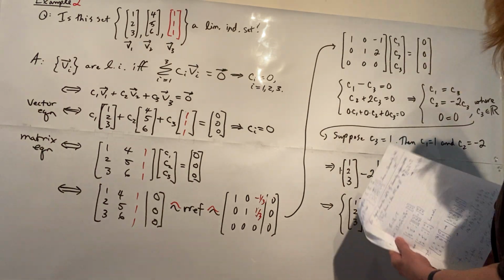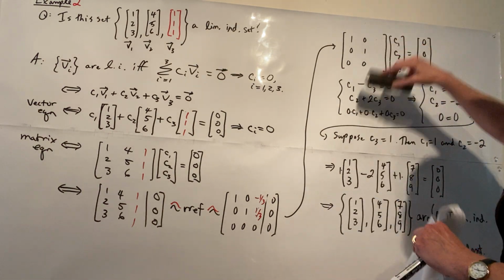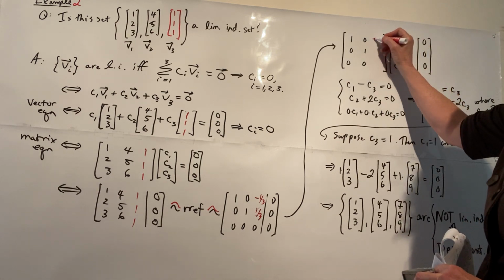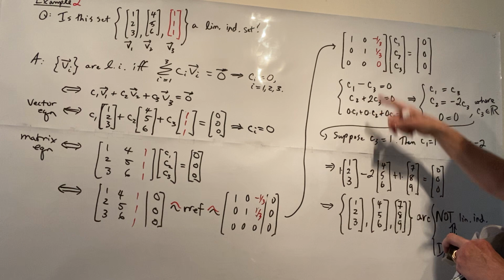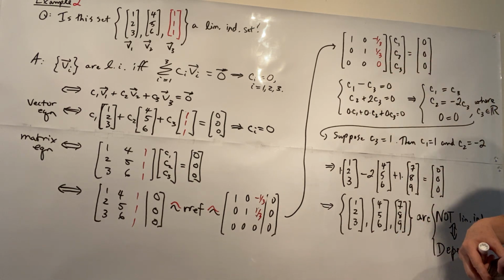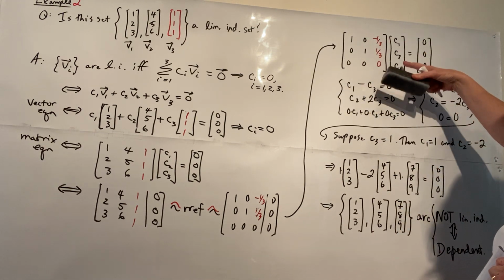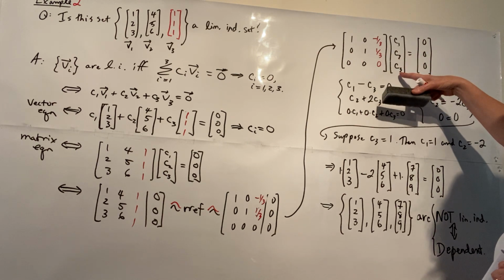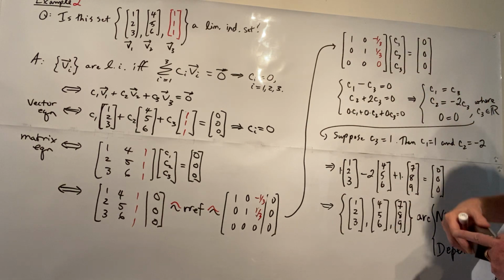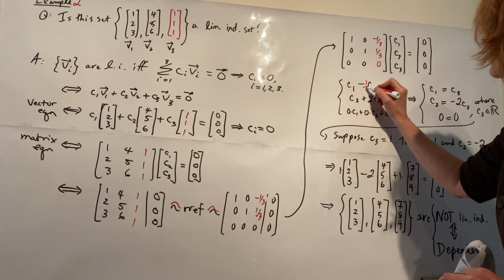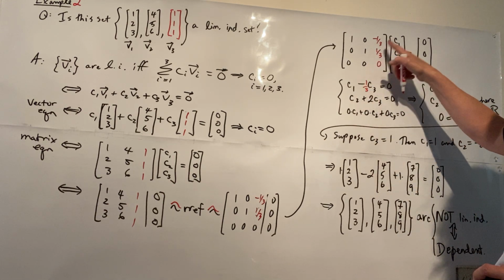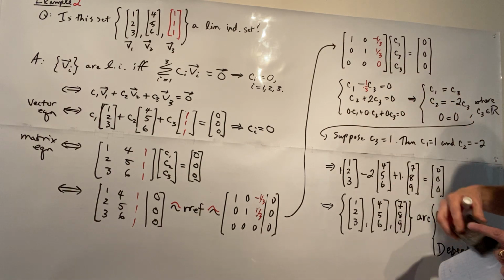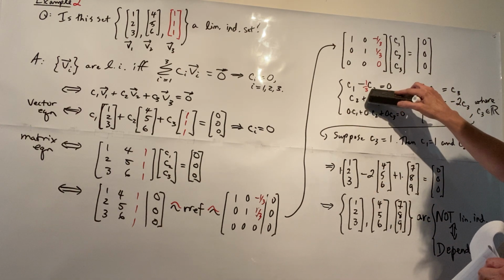That is equivalent to just this, right? What does that mean? Interpret that. Well, 1 times C1 minus 1/3 times C3 is equal to 0.